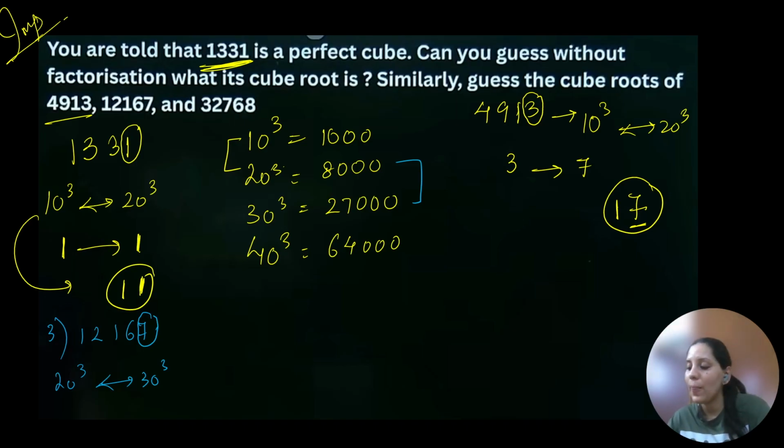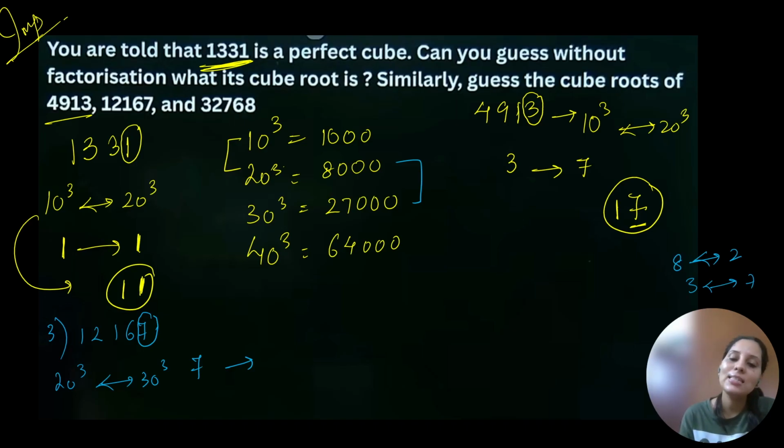So when a number ends in 7, its cube ends in 3. We have already seen that 8 and 2 are related, 3 and 7 are related. So this will definitely have 3 in the ones digit. It lies between 20 and 30, so the cube root will be 23.